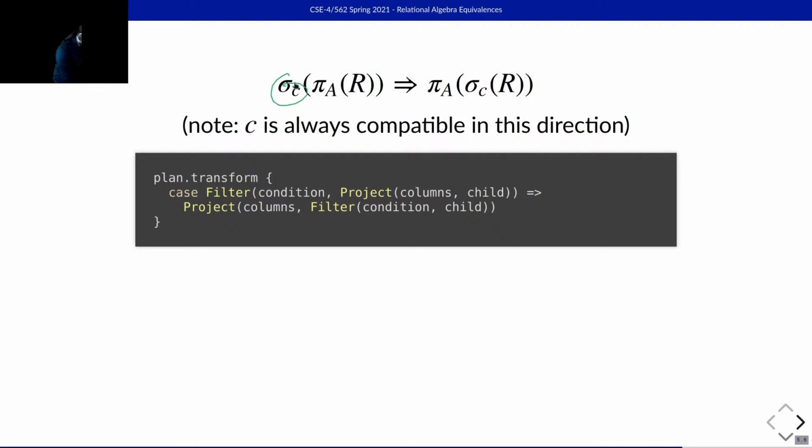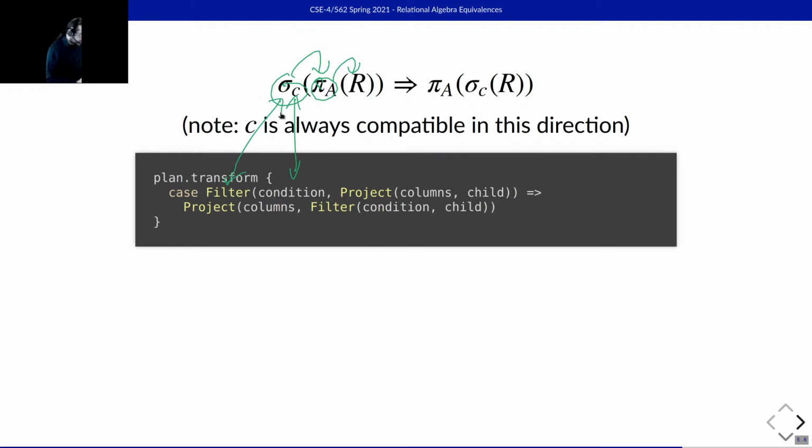So we have a selection sitting on top of a projection, sitting on top of some arbitrary child node. And how do we represent selection in Spark? It's a node called filter, and that filter node has a condition. So we're basically looking for filter nodes that have a condition.